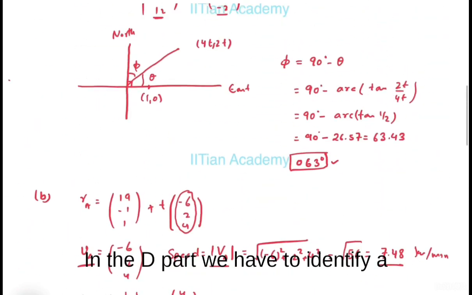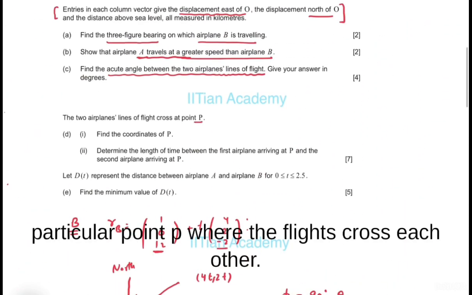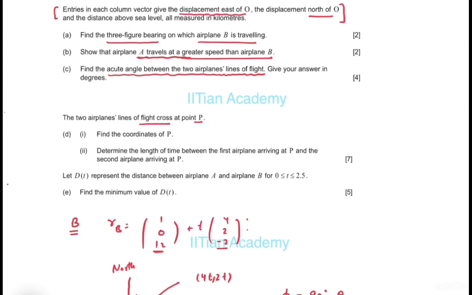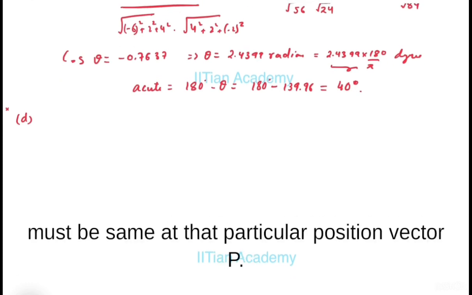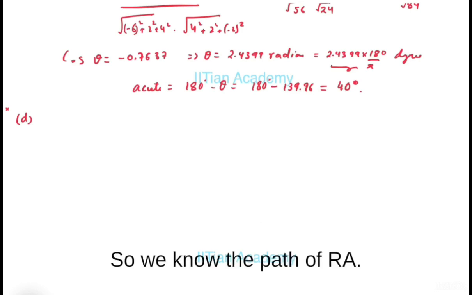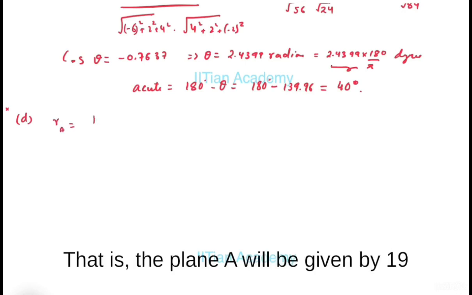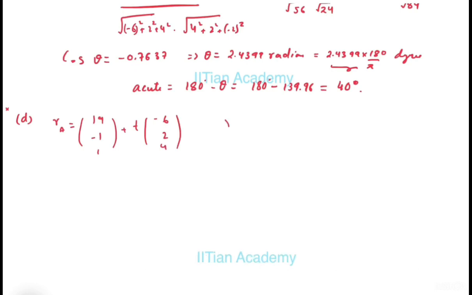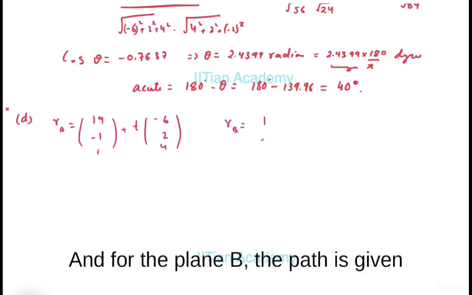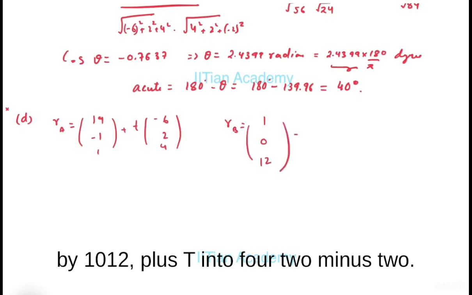In the D part, we have to identify a particular point P where the flights cross each other. So flights cross each other, that means the position vector of both the flights must be the same at that particular position vector P. We know the path of plane A will be given by (19, -1, 1) plus t into (-6, 2, 4), and for plane B the path is given by (1, 0, 12) plus t into (4, 2, -2).